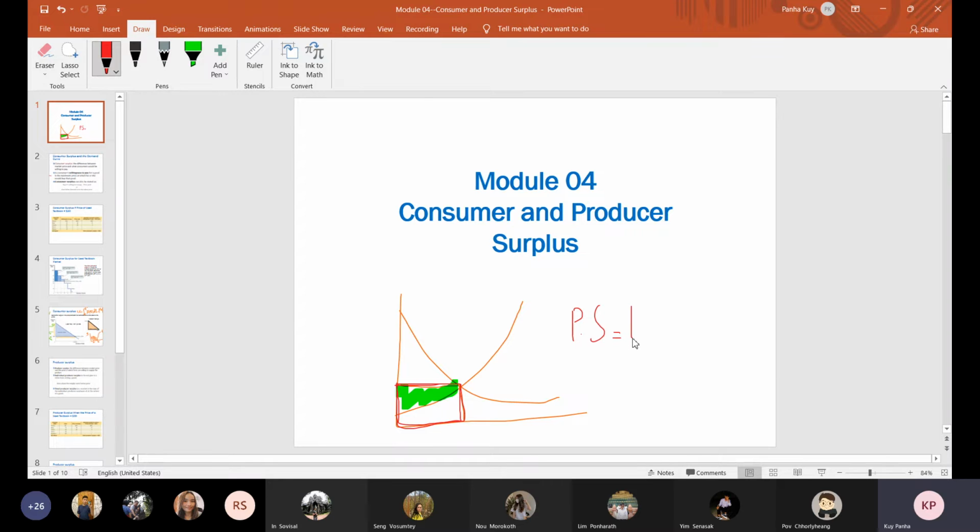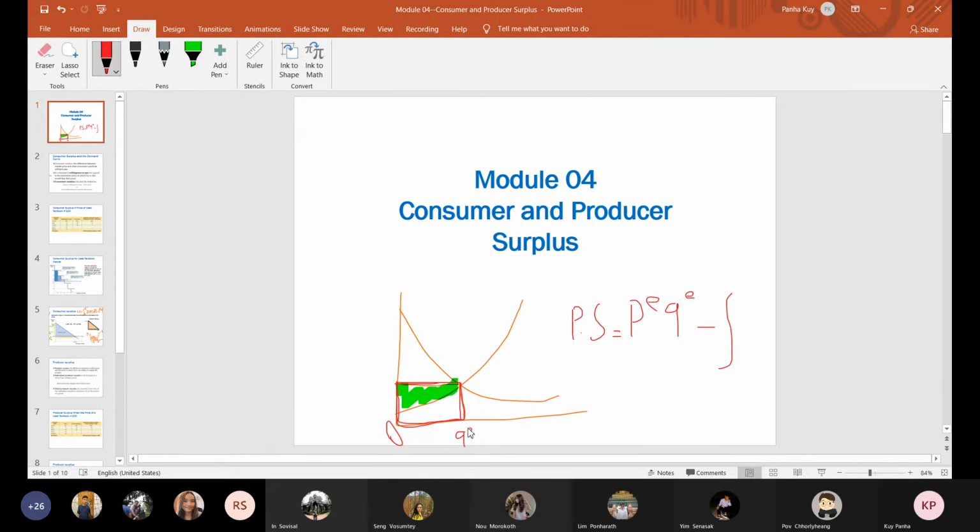So that is PE times QE. And then we subtract this amount. This one is from 0 to QE, equilibrium quantity, and this one is the supply at equilibrium.